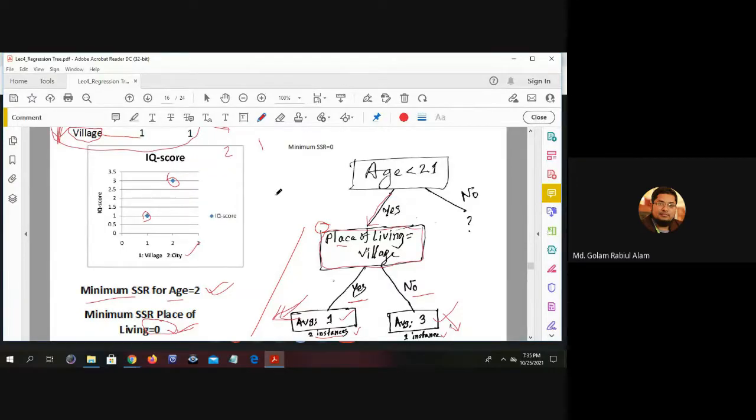You can use a threshold for that. That is, if the number of instances is less than or equal to a threshold, then we can stop expanding.